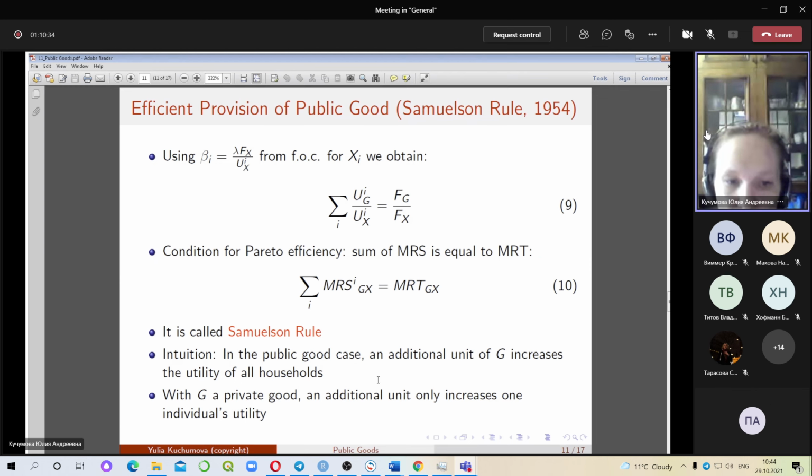As opposed to this, when we talked about a private good, an additional unit only increases the utility of one person, and therefore we had the optimality condition that the marginal rate of substitution is equal to the marginal rate of transformation. You see the difference? I hope you do.